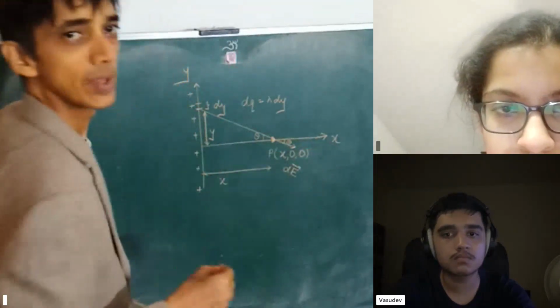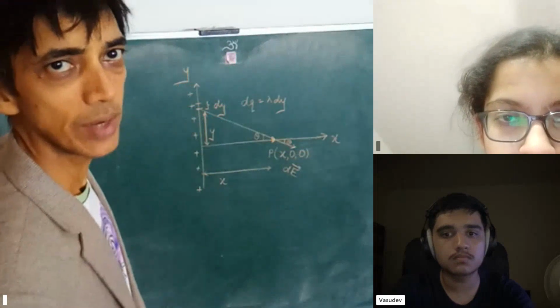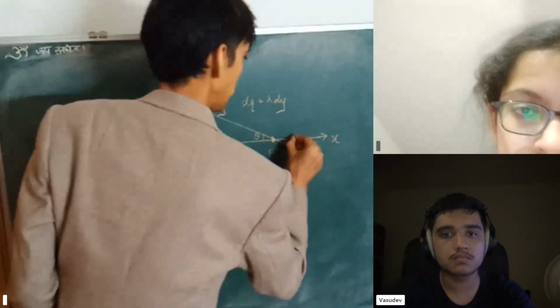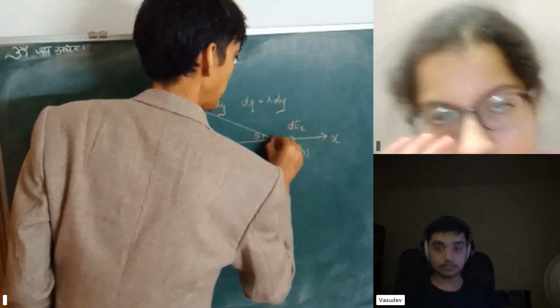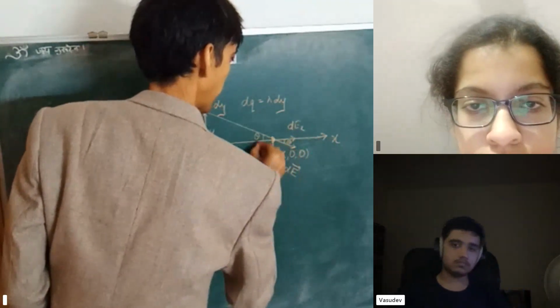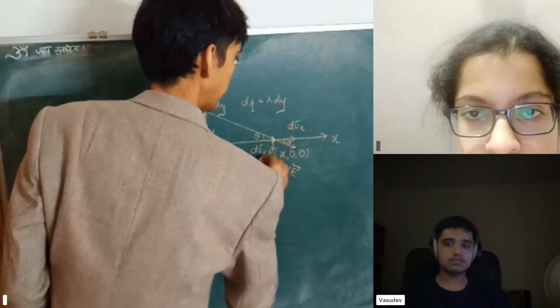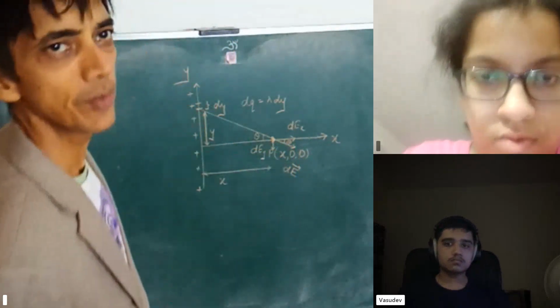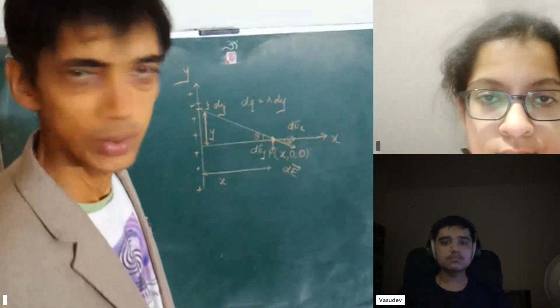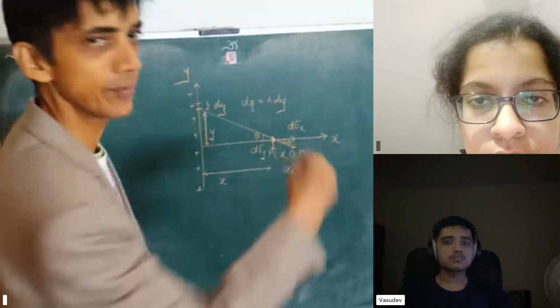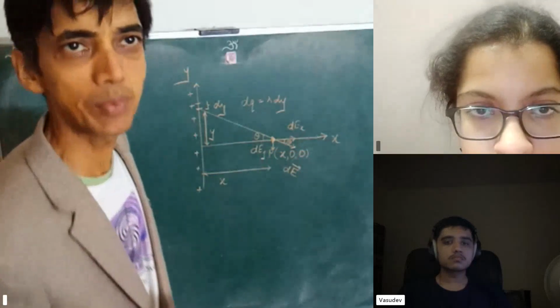We break it into x and y components. This will be dEx for me, and the other one will be dEy. Analytically, you may say that for every point above there will be a counterpart below the x-axis. Therefore, dEy will sum up to 0.